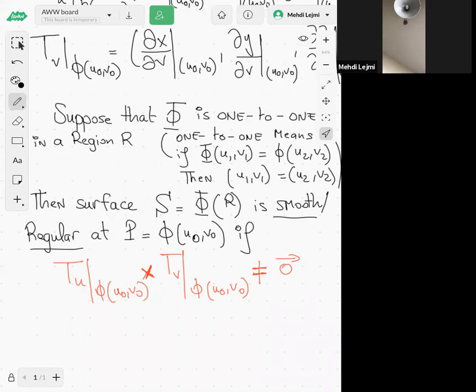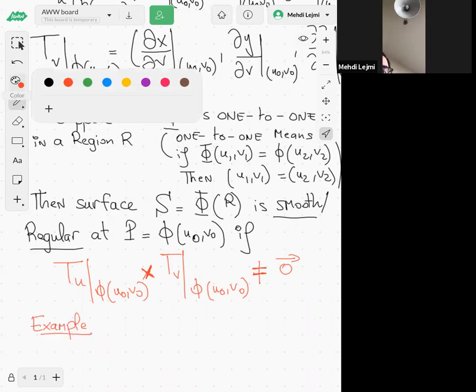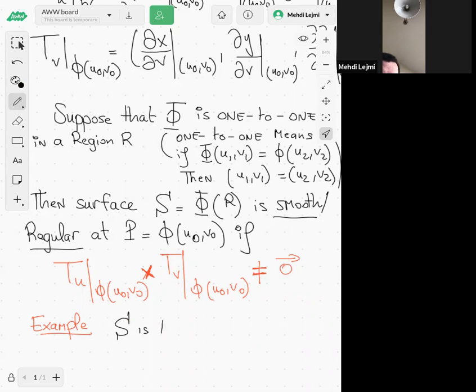Okay, so we had a couple of examples last week, but let me give you one more example. Let's take this example where the surface S is the graph of some function f.